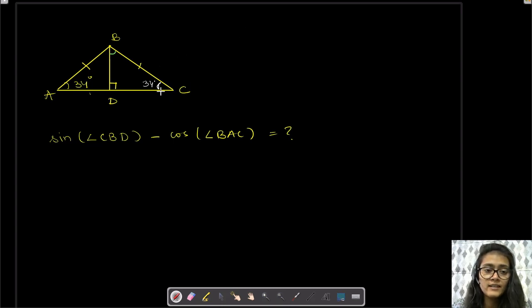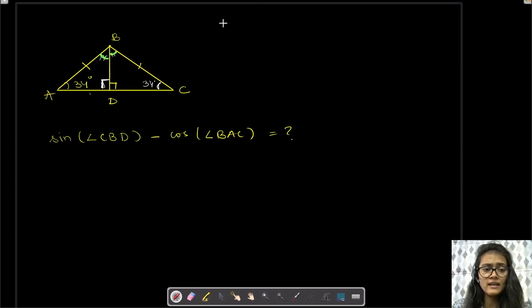So this angle is 34, and since this is a right angle, this is also gonna be a right angle. And whatever this angle is, the same will be this angle, because this is 34, this is 34, this is 90 degrees, this is 90 degrees, and since sum of the three angles is 180 degrees, these two also have to be congruent.